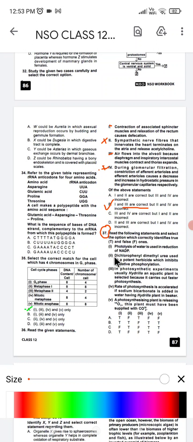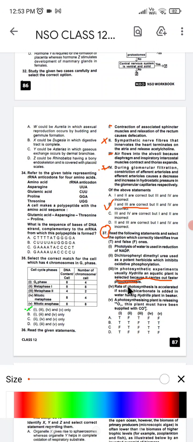Second statement, dichlorophenyl dimethylurea is used as a potent herbicide which inhibits the oxidative phosphorylation. In photosynthetic experiments, usually hydrilla, an aquatic plant, is selected because it carries out faster photosynthesis.